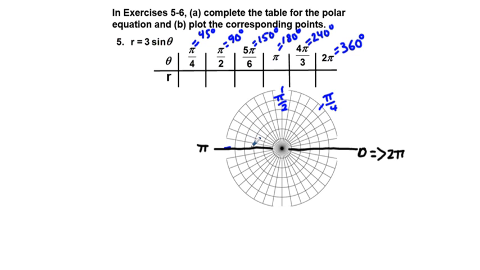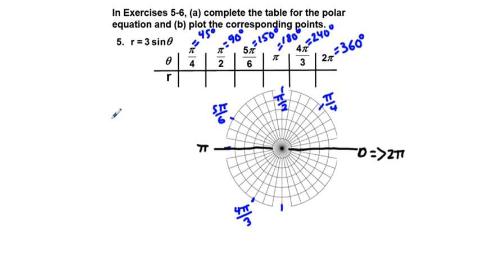Over here at 150 degrees, or 5 pi over 6, that's going to be right here. 4 pi over 3 is going to be down here, just 30 degrees to the left. So we have all that lined out.